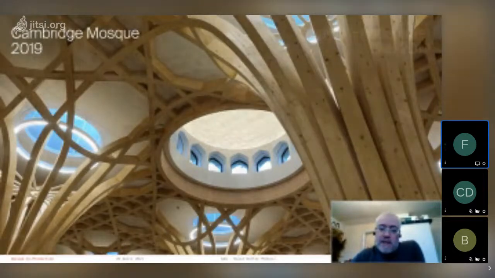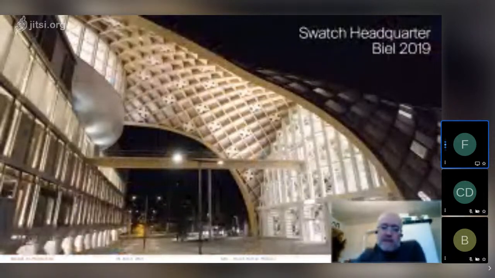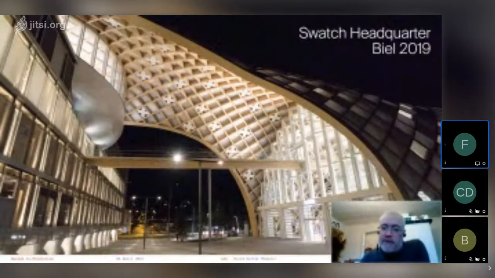And our last big project, maybe the biggest project that we worked on so far, is the Swatch headquarters in the Swiss city of Biel. That was opened in 2019. Again, a Shigeru Ban project, again a timber structure, a pretty big one. I'm going to show you a few more images right away.